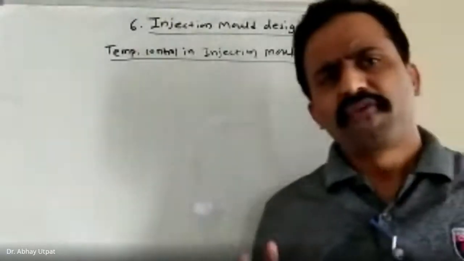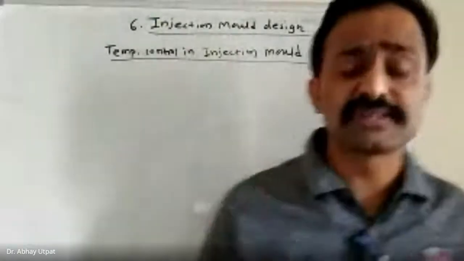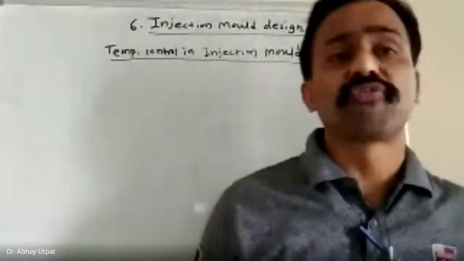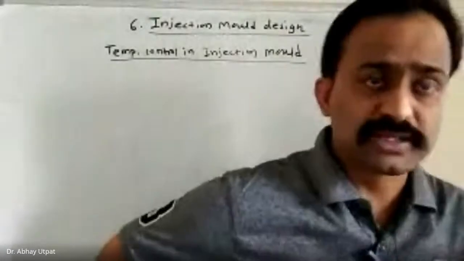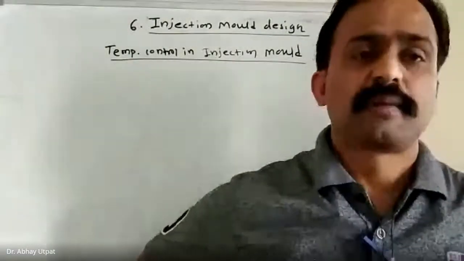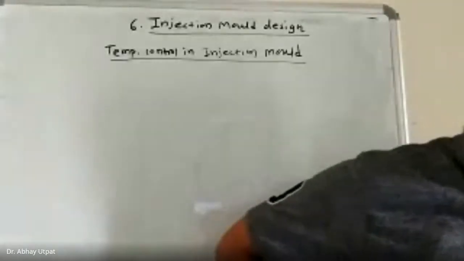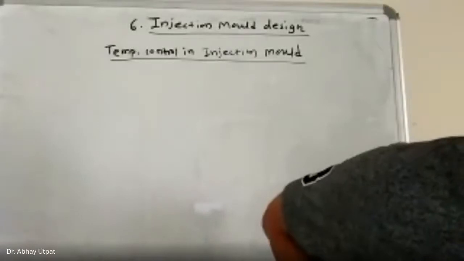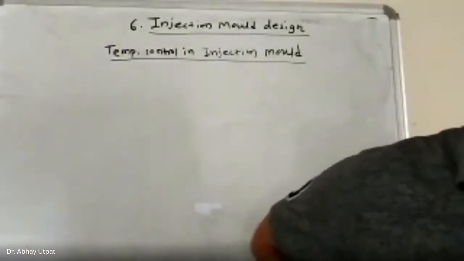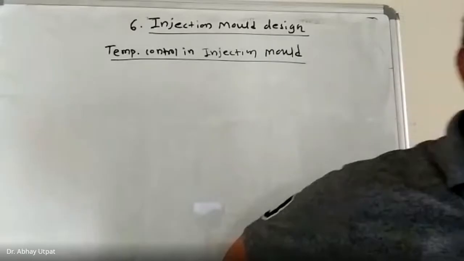Now, you can cool very fast. If you want to increase the rate of production, you have to cool fast. Fast cooling will increase the rate of production, but there may be chances of warpage and distortion. That's why uniform cooling and an optimum cooling time are important, and accordingly the cooling circuits are designed.